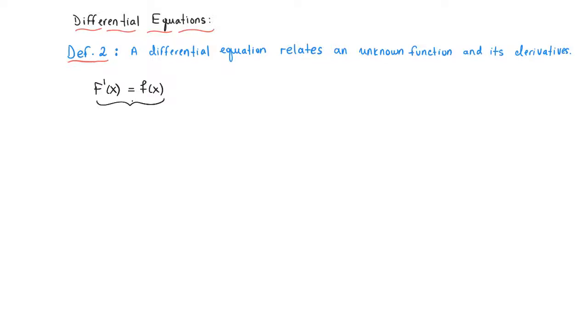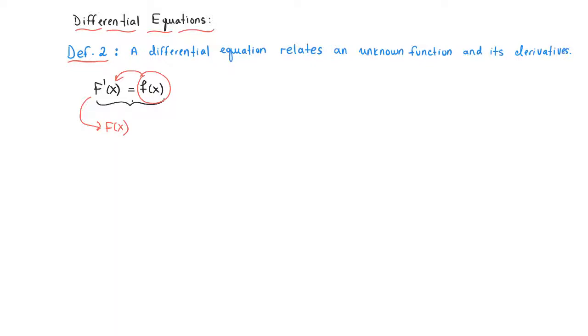Why? Let's think about it again. A differential equation relates a function that is unknown and its derivative. So the unknown function here is big F of x, right? Usually we start with little f of x, and little f of x represents the derivative.